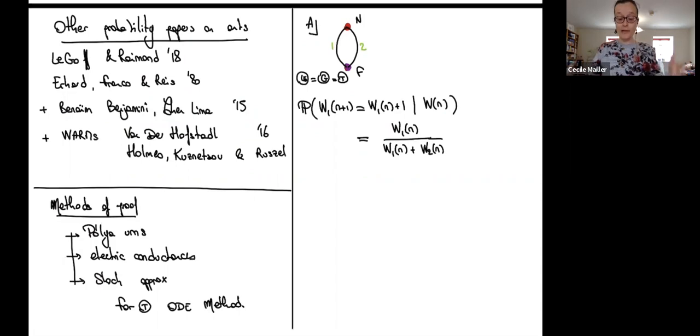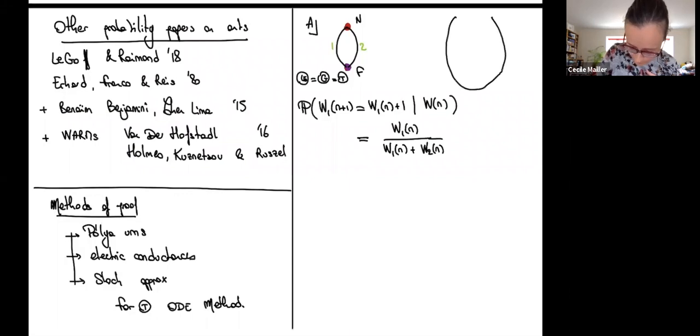And here, if you know about Pólya urns, you've already recognized a Pólya urn. If you don't know about it, let me tell you what I see immediately when I see this formula. I see an urn with purple balls and green balls in it. I see W1(n) as the number of purple balls in my urn, and W2(n) as the number of green balls in my urn.